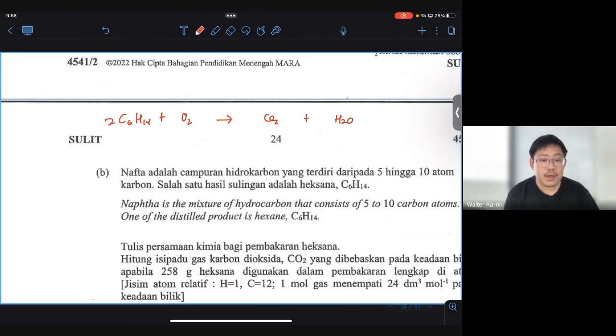If we times 2 the whole thing, then it will be 19 O2, 12 CO2, and 14 H2O. Let me check my maths: 14 plus 24 is 38, and 38 divided by 2 is 19, correct?